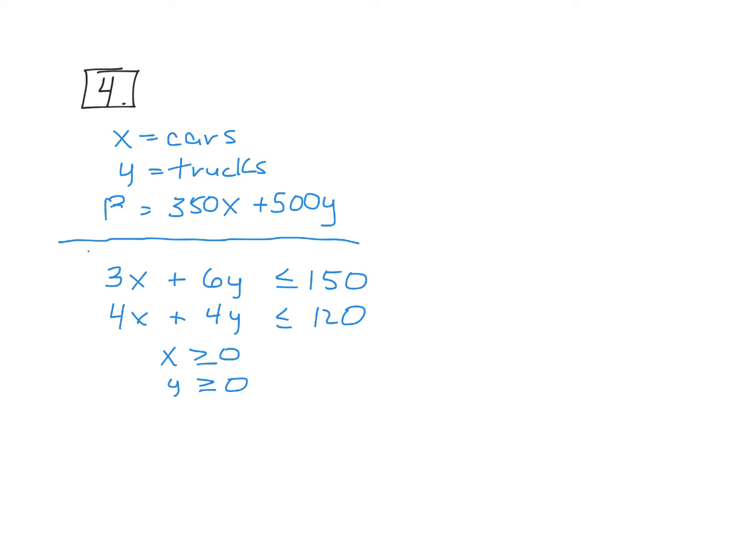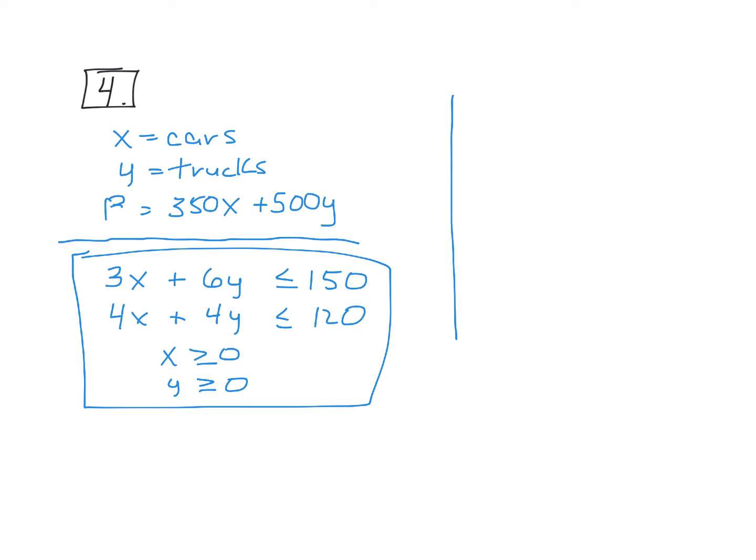So now we're going to graph these constraints. I've got x greater than or equal to 0 as a vertical line through 0. y is a horizontal line through 0. In the first inequality, the x-intercept is 50, and the y-intercept would be 25.